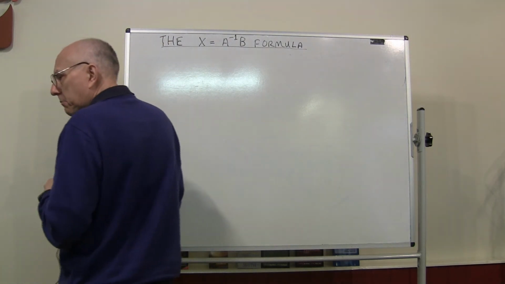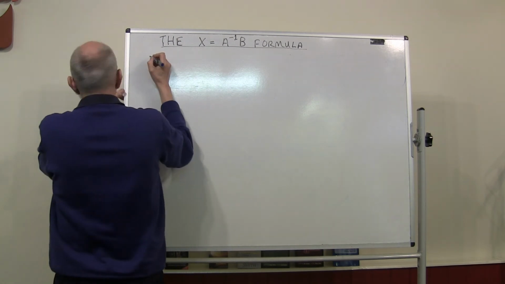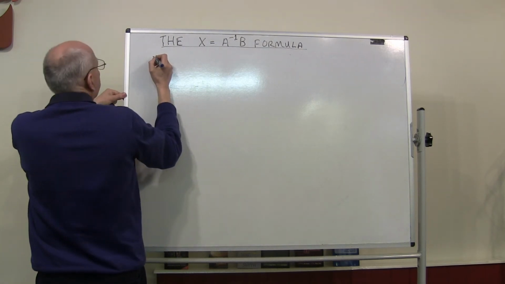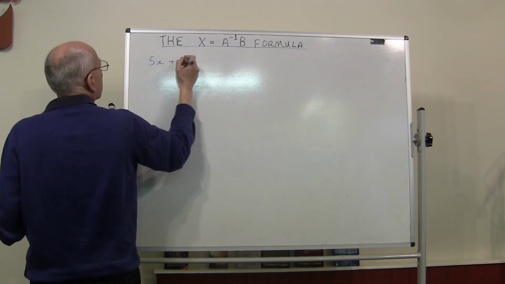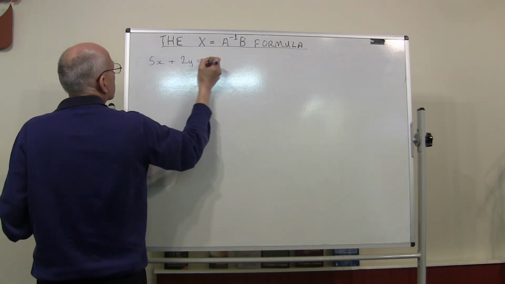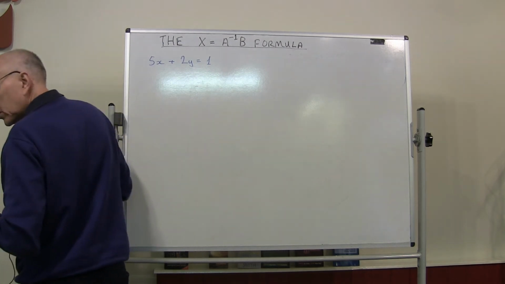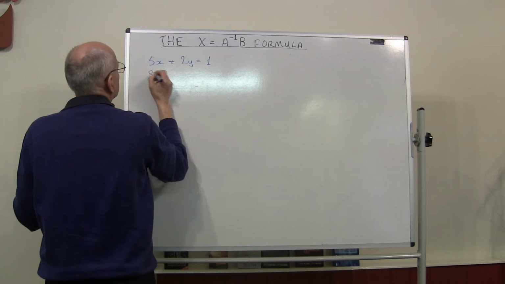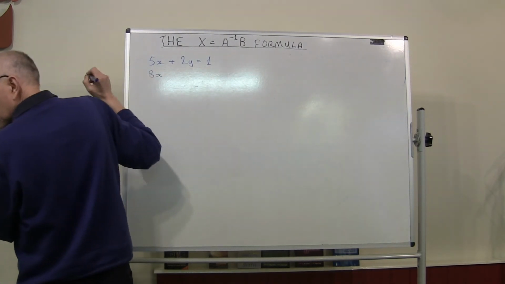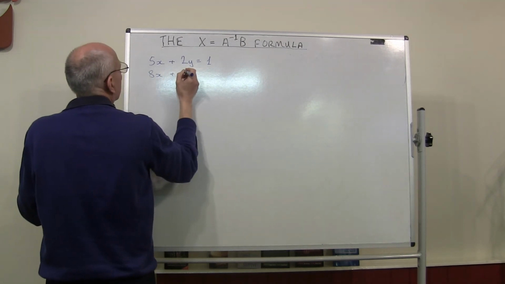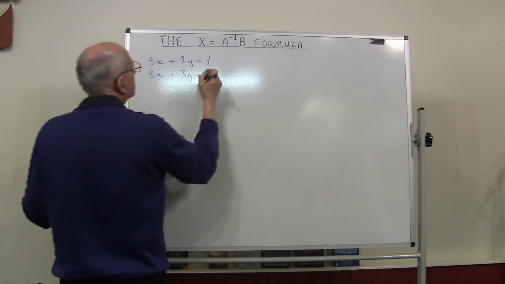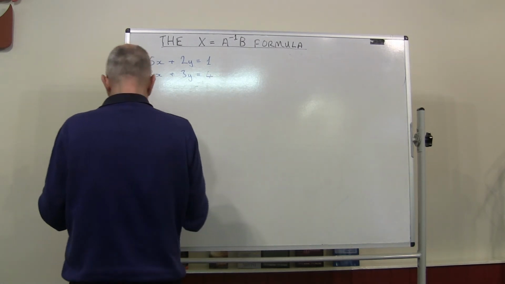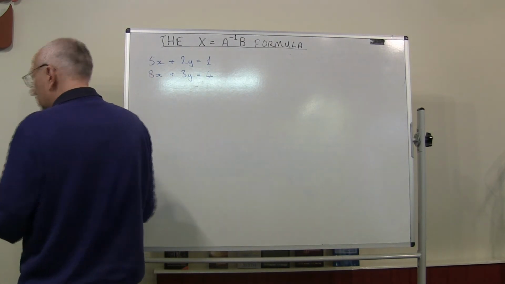So let's take an example. Let's say that 5x plus 2y equals 1 and 8x plus 3y equals 4. Now we saw earlier that we could split this up like this.